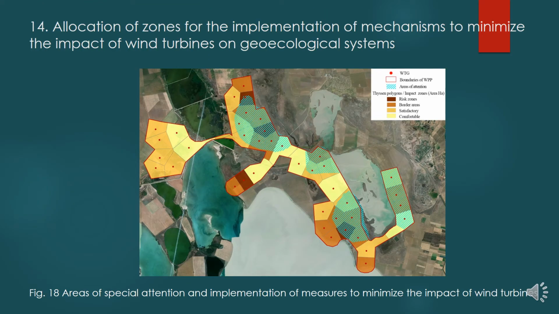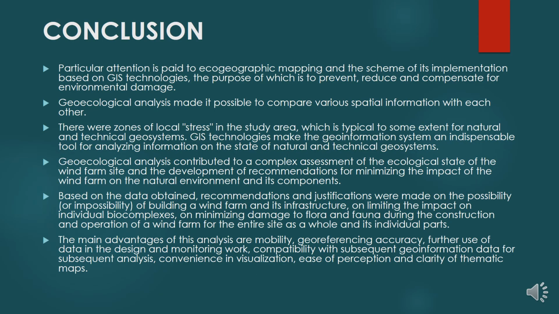Allocation of zones for the implementation of mechanisms to minimize the impact of wind turbines on geoecological systems. Particular attention is paid to ecogeographic mapping and the scheme of its implementation based on GIS technologies, the purpose of which is to prevent, reduce and compensate for environmental damage.